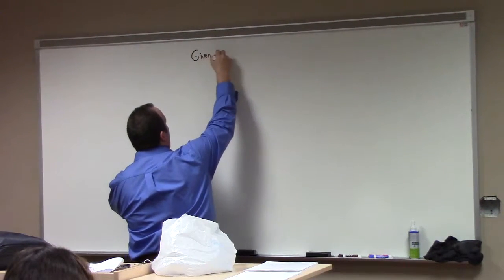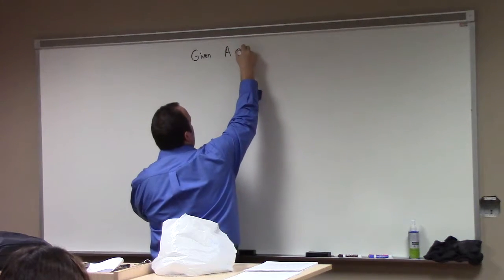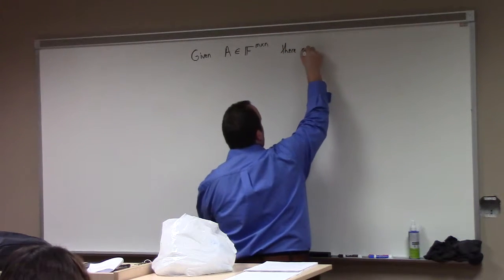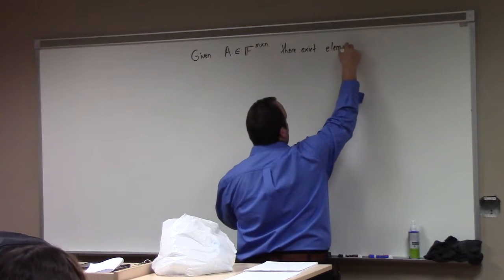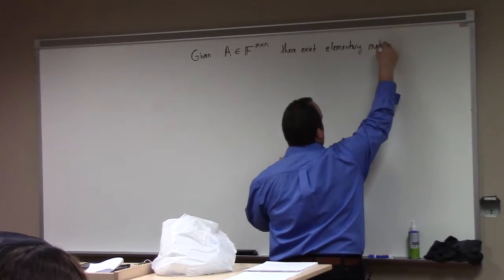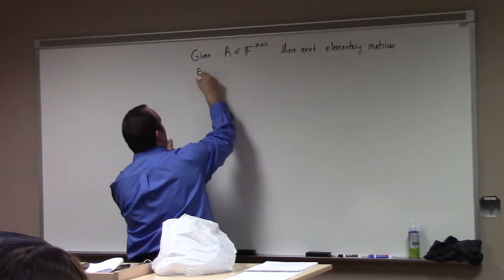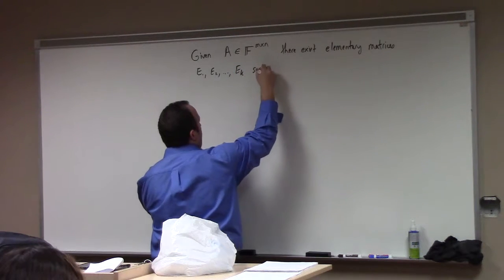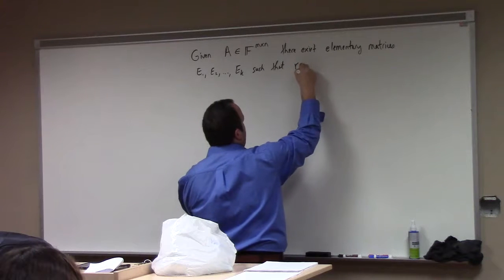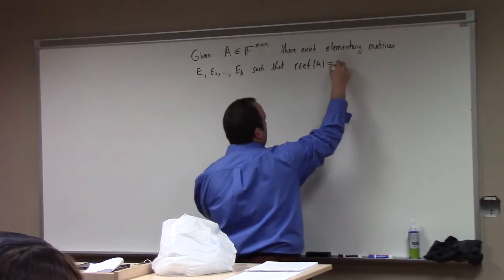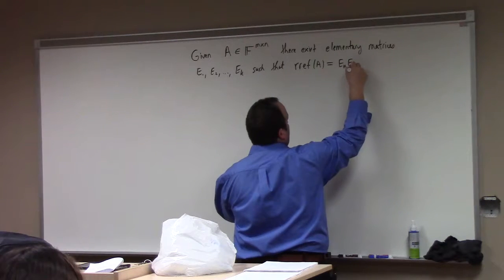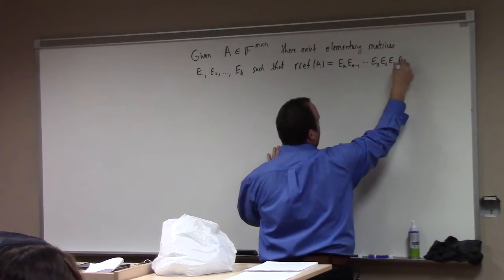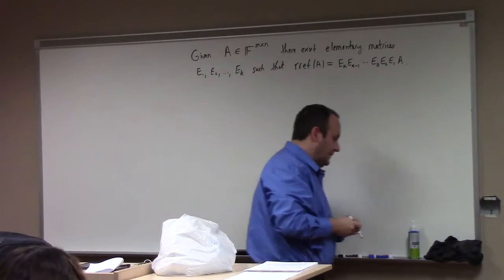Given a matrix A over some field, there exist elementary matrices E1, E2, ..., Ek, such that the reduced row echelon form of A is equal to Ek, Ek minus 1, ..., E3, E2, E1, A.